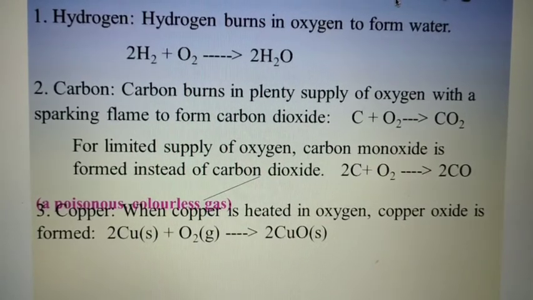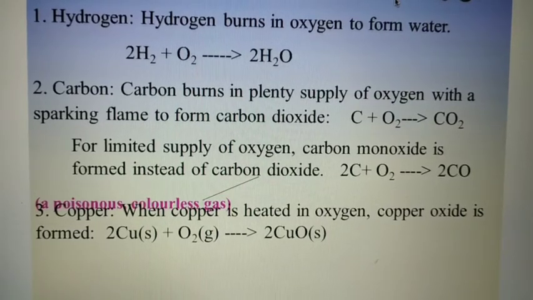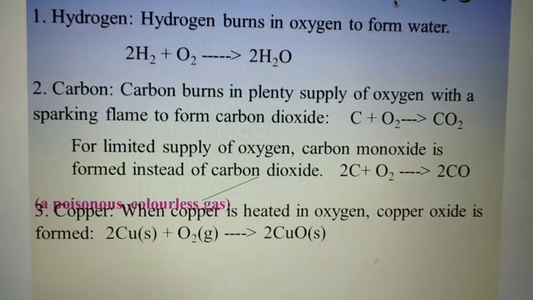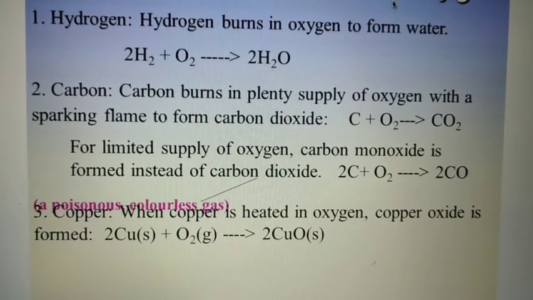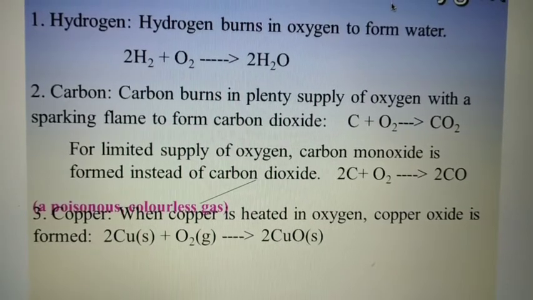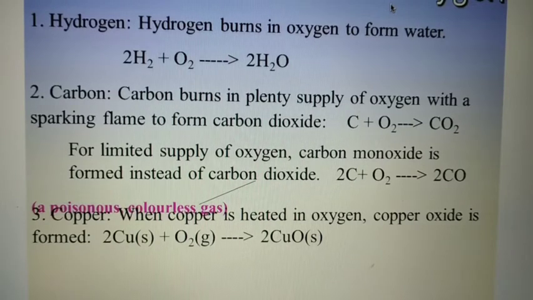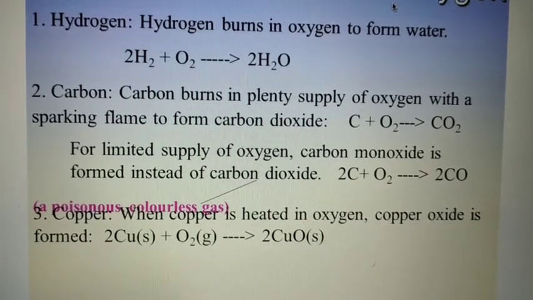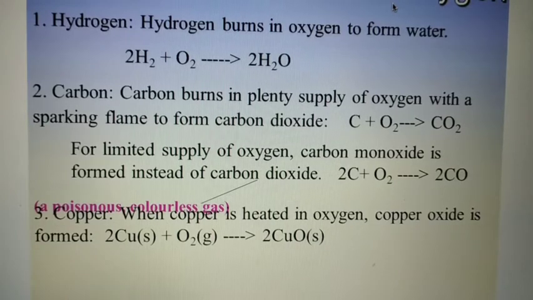But for limited supply of oxygen, if a very limited supply of oxygen is present, then what is it forming? It forms carbon monoxide. So carbon plus O2, but this time limited supply, it burns to produce carbon monoxide, heat and light. Okay. Now this carbon monoxide is a poisonous colorless gas.